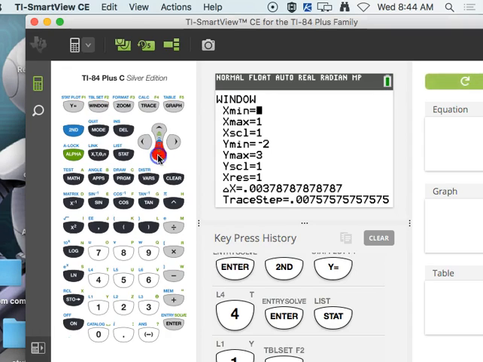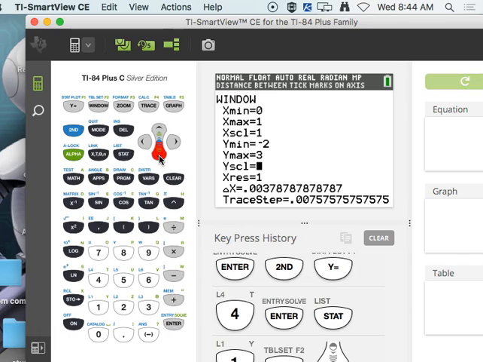Because they're going to ask us questions later, with the y's I might have a few negatives so that I can find intercepts and things like that. So I went down to -2, but the highest number in that one was 1.8 something. We ought to be able to get away with 2, but I went with 3 just so there's a little bit of clearance. So there it is.